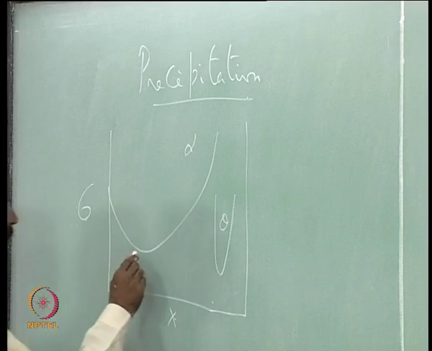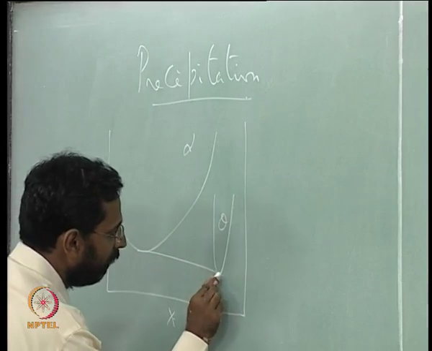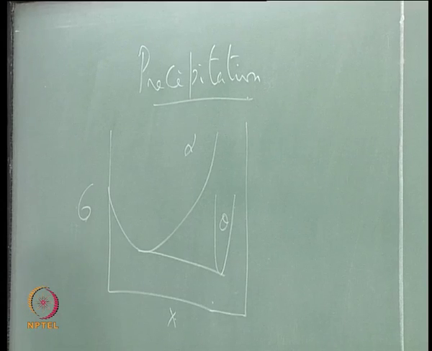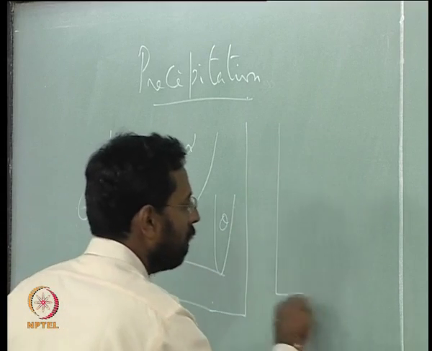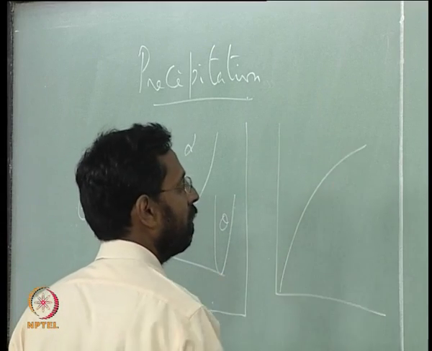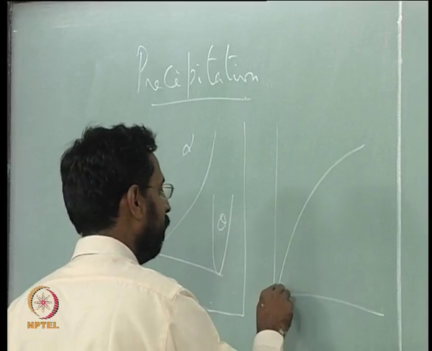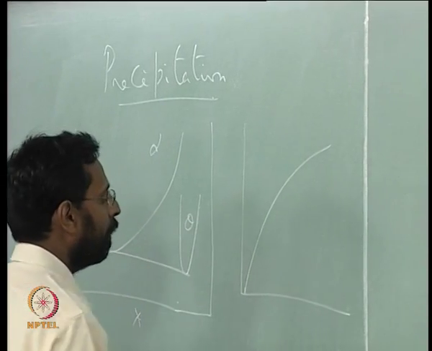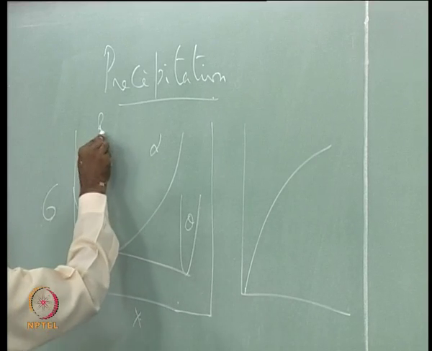And if you look at the equilibrium between the two, this is the common tangent which talks about equilibrium, and the corresponding phase diagram is somewhere here, and this is at whatever temperature it is. Let us say we are talking about room temperature.